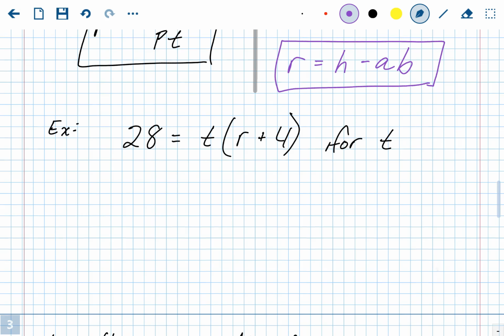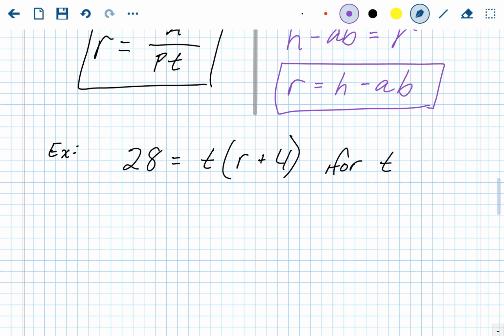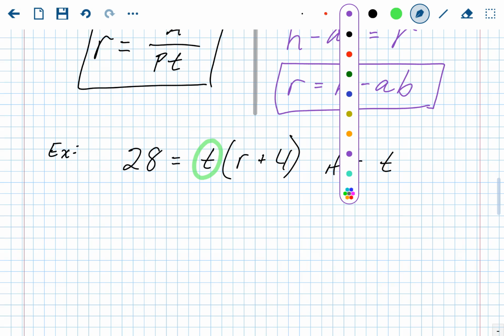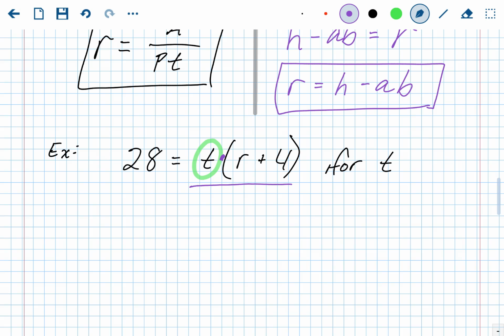On this one we have 28 equals T times the quantity R plus 4. R plus 4 is in parentheses. That is always going to be grouped together. So if we need T by itself, and remember that it's T times the quantity R plus 4, we need to get rid of the times R plus 4, so we can just divide by R plus 4 on both sides.